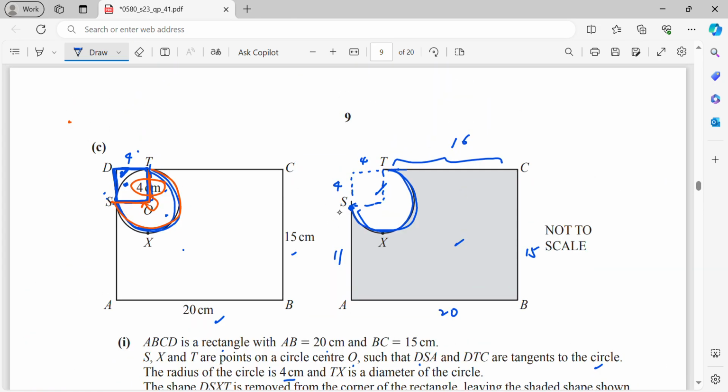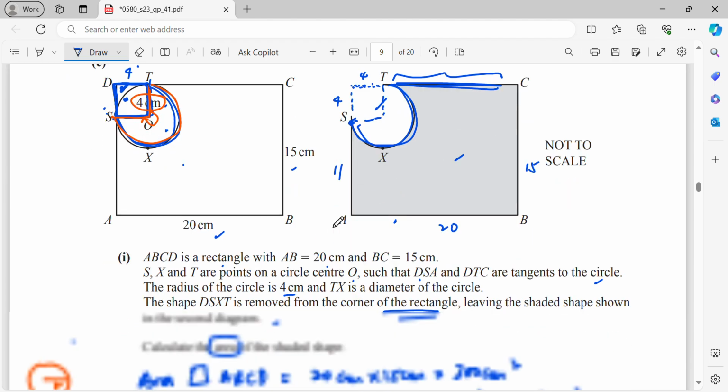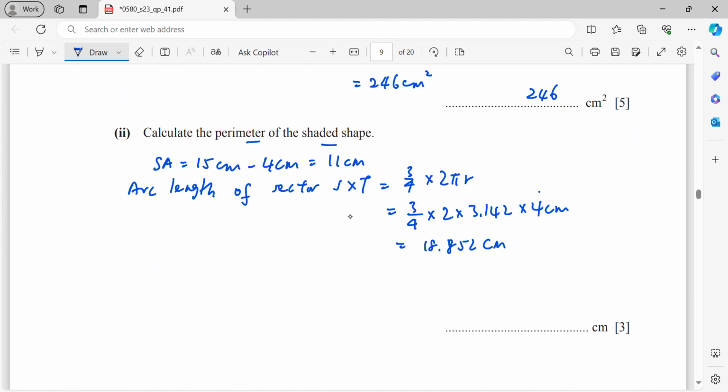And then now I just need to write down what is my TC. So the TC is 20 minus 4 because the radius is removed. So from here, my TC is 20 centimeter minus 4 centimeters. That is 16 centimeters. So now I can find out my perimeter.